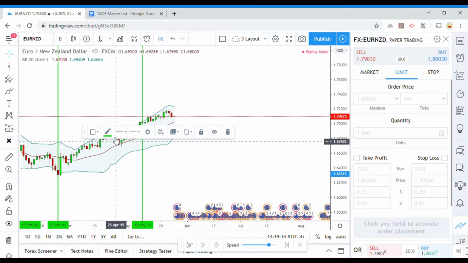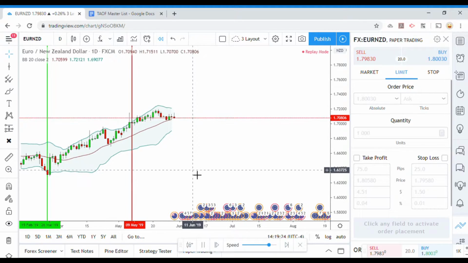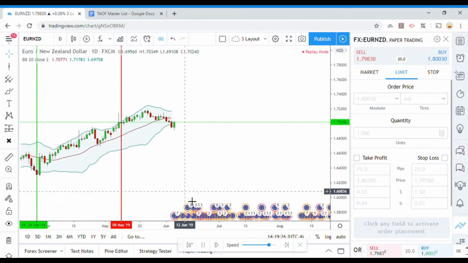That's one of the reasons why I always kind of gravitated towards using the Bollinger Bands.